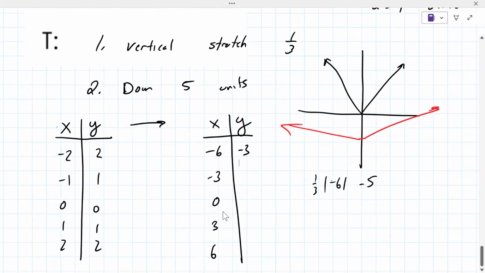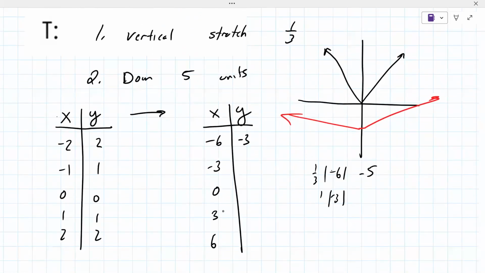Then for the absolute value of -3, a third of that minus 5 ends up being -4. And then 0 ends up being -5. And then by symmetry, you get the other points here.